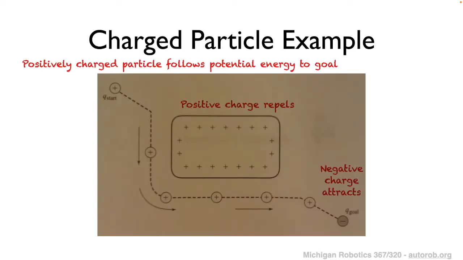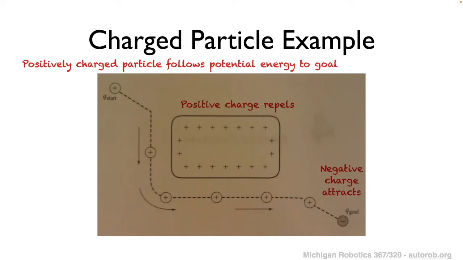There also has been potential energy defined, for example, in the context of electric fields. So we can imagine a positively charged particle that follows some potential energy to a goal, where the path that it takes is based on the relative repelling force of other positively charged particles within the space, and also the attractive force of negatively charged particles.